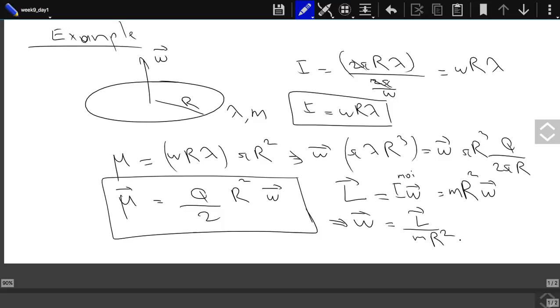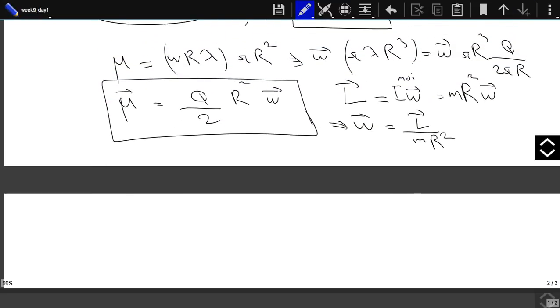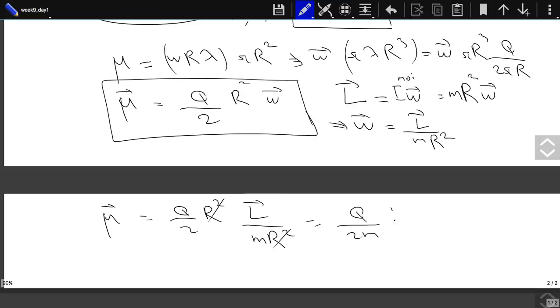So we can relate the magnetic dipole moment to the angular momentum. Mu, well, we have this constant q r squared over 2 times omega, which written in terms of the angular momentum, over m r squared, the r's cancel, is q over 2m times the angular momentum.